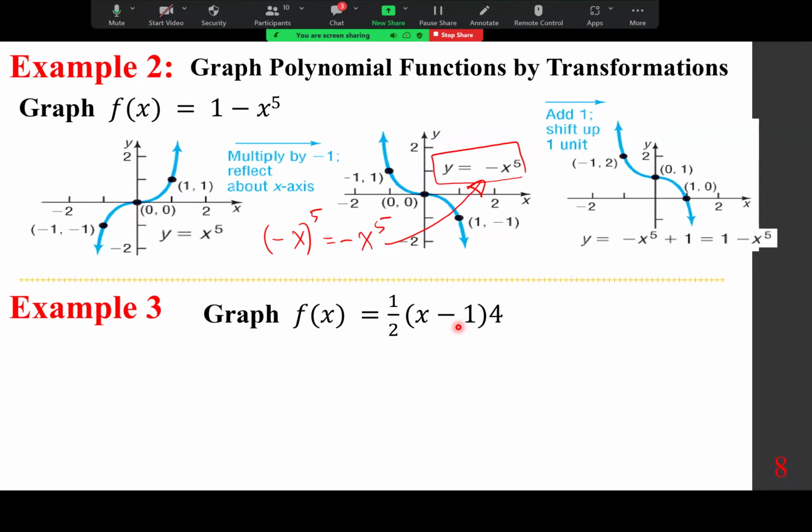One half x minus 1 to the power of 4. It looks like times 4, but this is to the power of 4, everybody. So you start with x to the power of 4, looking almost like y equals x squared. And again, easy points 0, 0, 1, 1, negative 1.